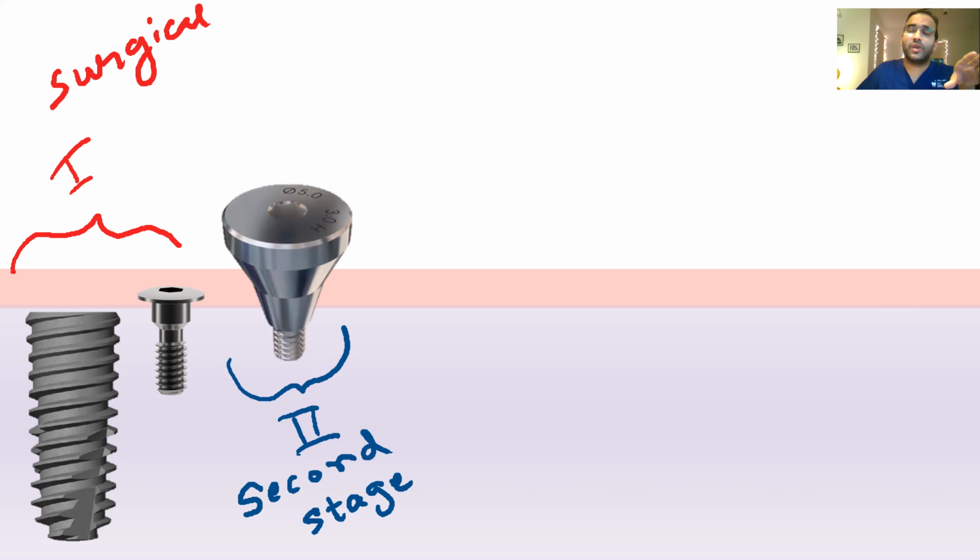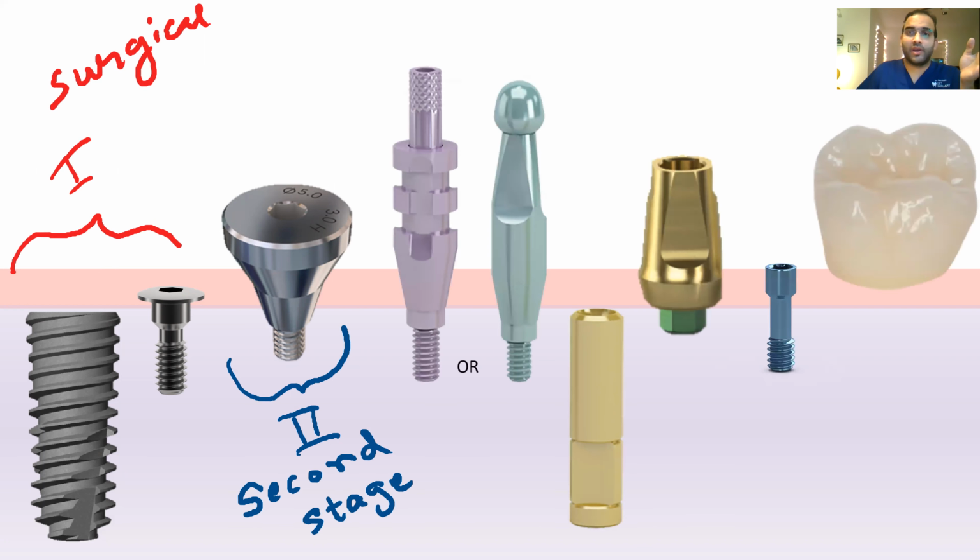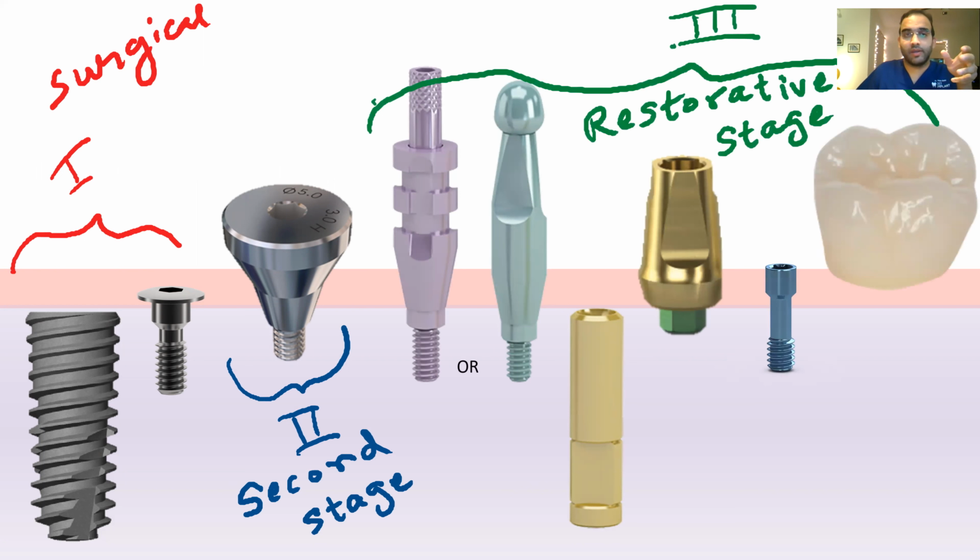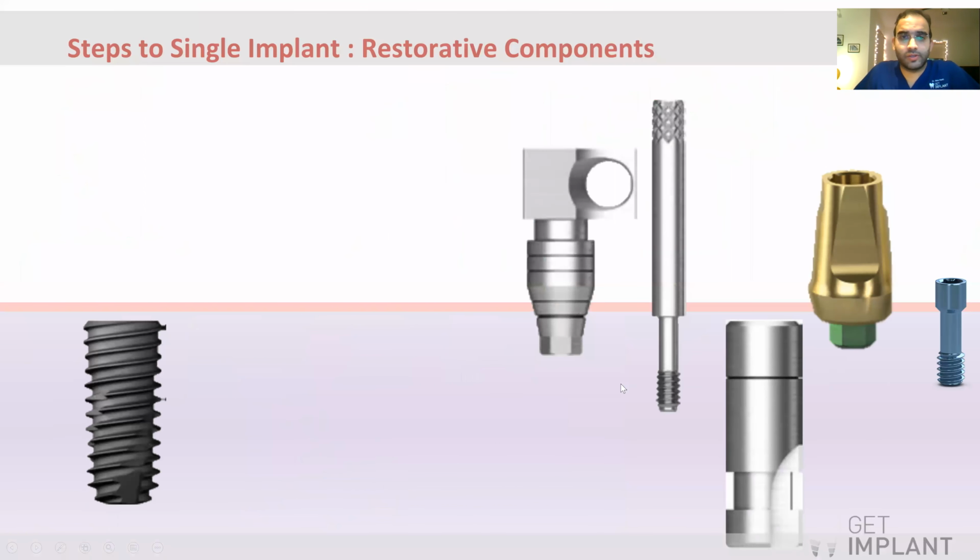In general, from a restorative standpoint, what we are doing with an implant is creating a root analog. And there are various components that we will be using to provide a crown on that root analog. Here you can see, for a single implant restoration, the general components that we would use: open tray, closed tray, impression posts.